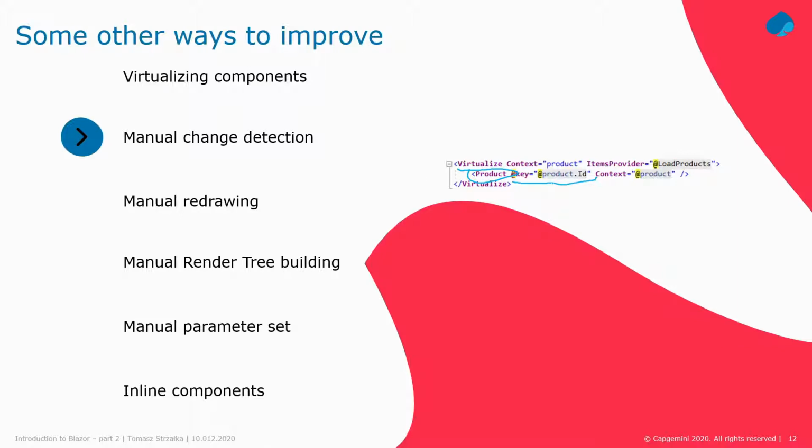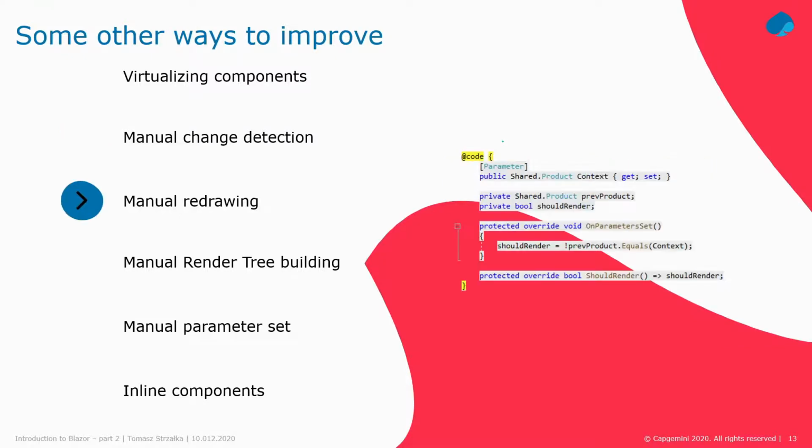So this is a very nice thing to notice, especially when we are using the virtualize component, because we can further optimize displaying table rows. And if it is not enough, we can still use manual redrawing.